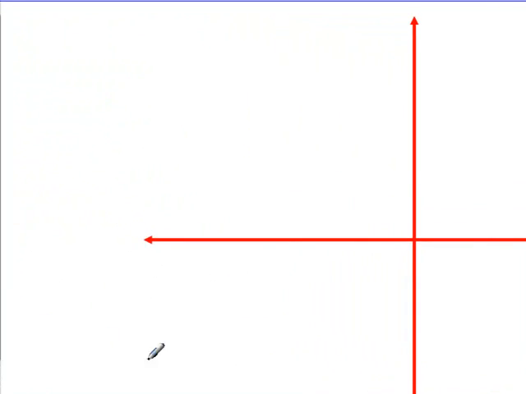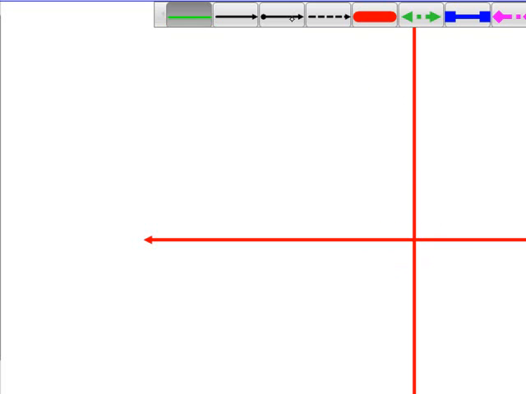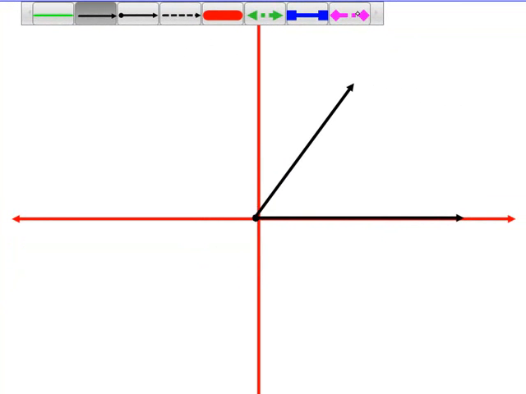So here we have a set of axes. So let's say that my initial side is here. And now I'm going to draw a terminal side.